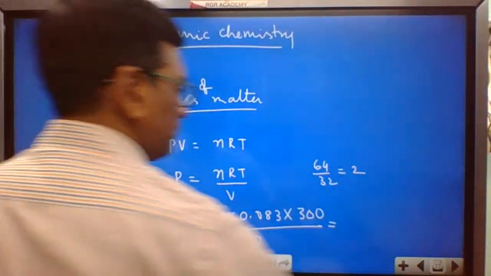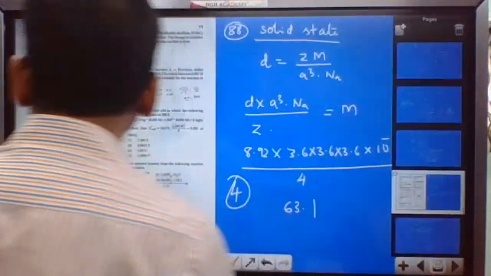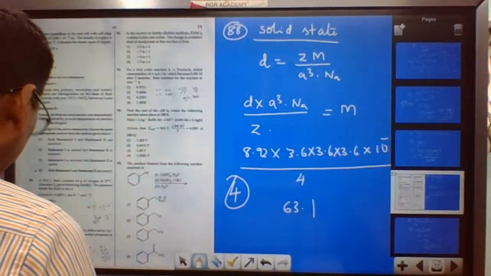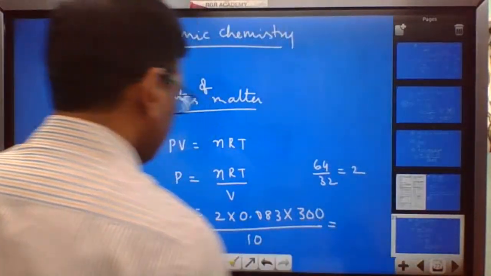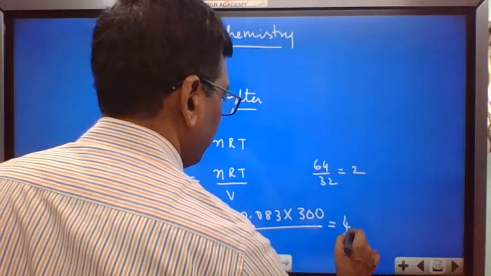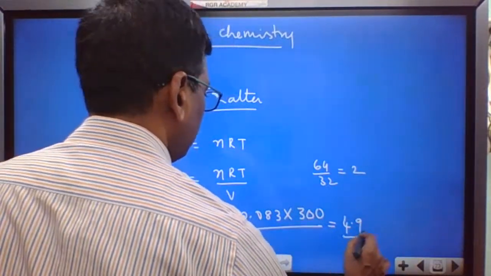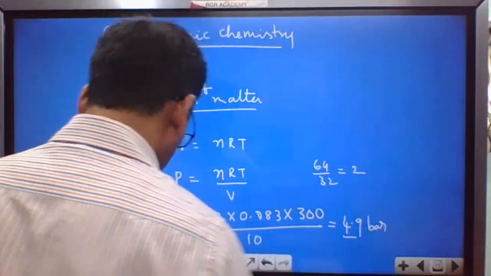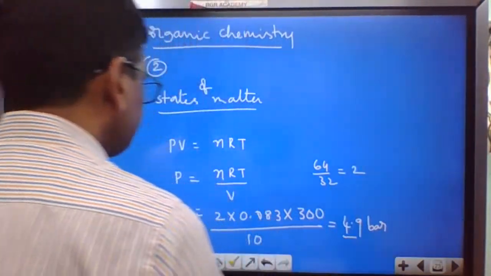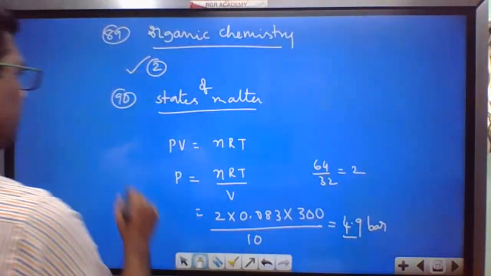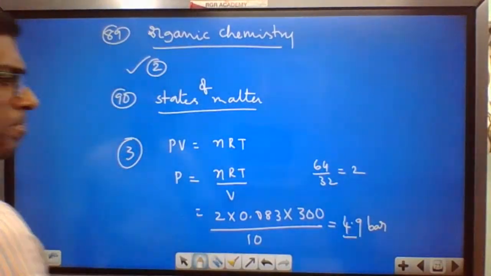If you simplify that, you will get 4.9. So 4.9 is the answer. 4.9 bar, because they give R value in bar. So option is 3.